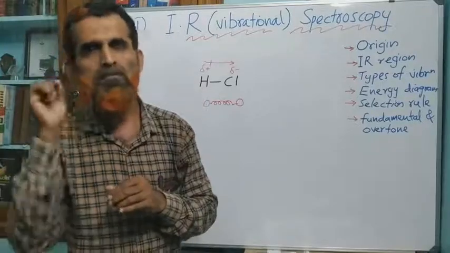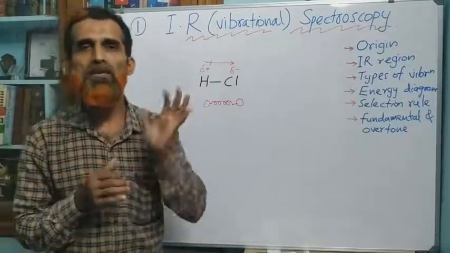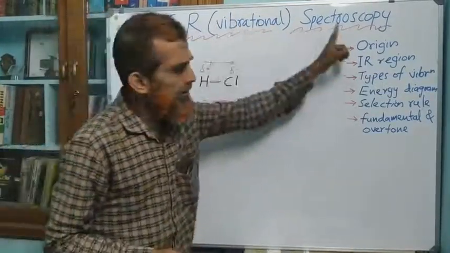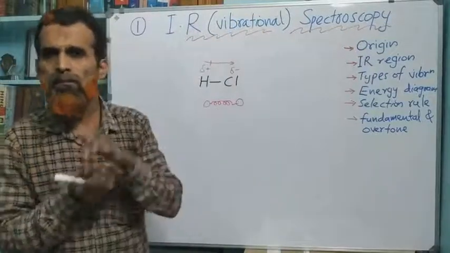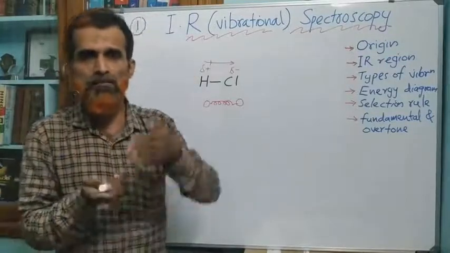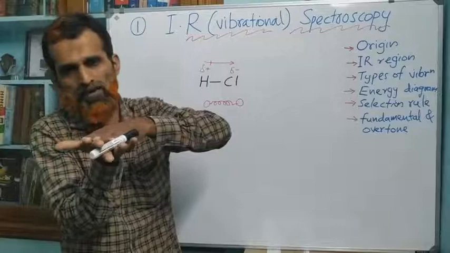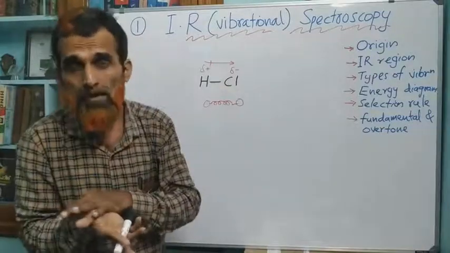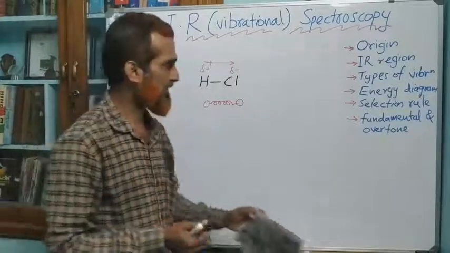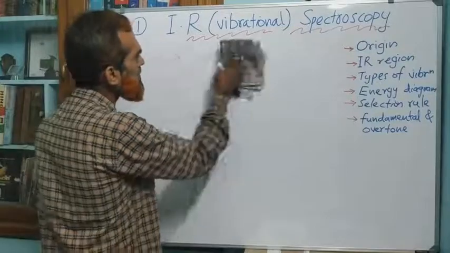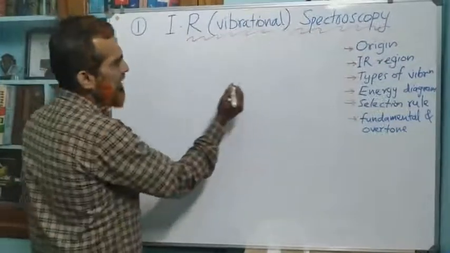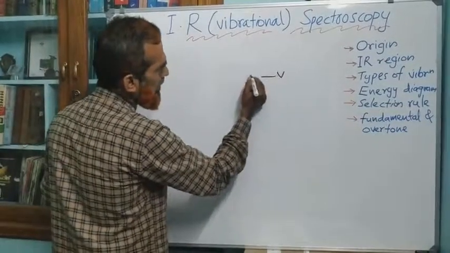So there will be some quantum numbers associated with every spectroscopic technique. So I repeat, the basic principle behind IR spectroscopy is that it involves transition of molecules from lower vibration level to higher vibration level, absorbing IR radiation of suitable frequency, which is governed by quantum mechanical selection rule.